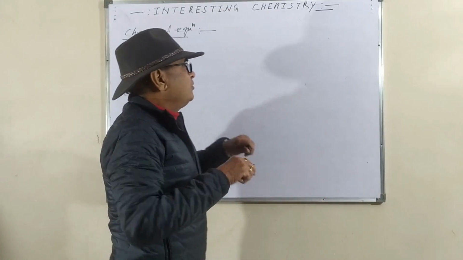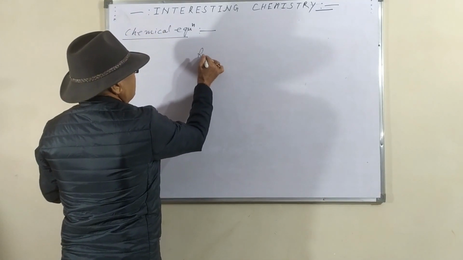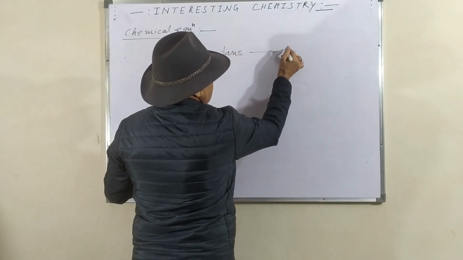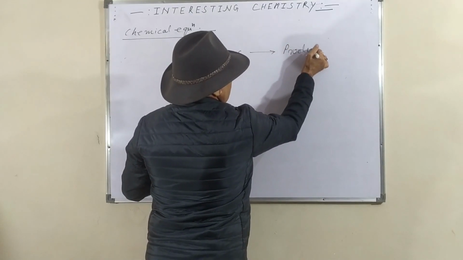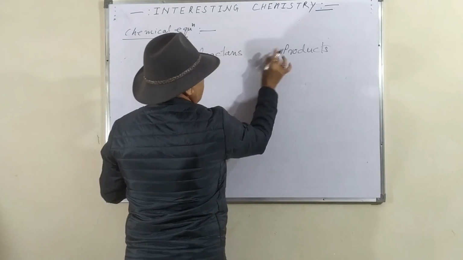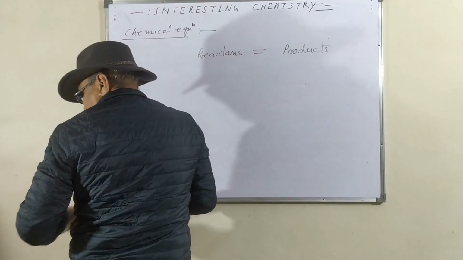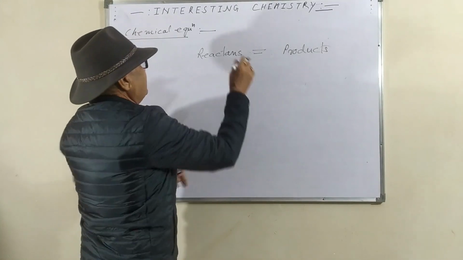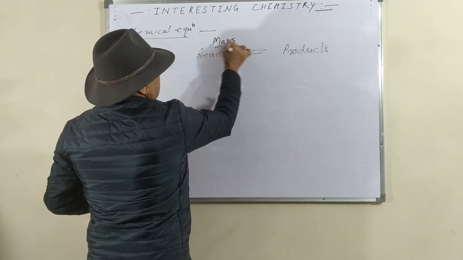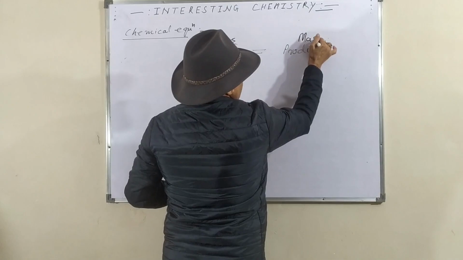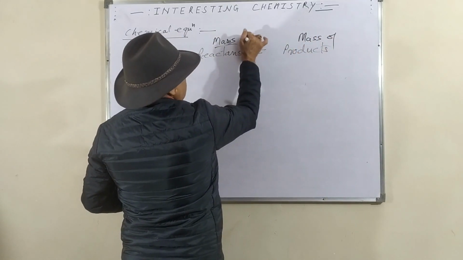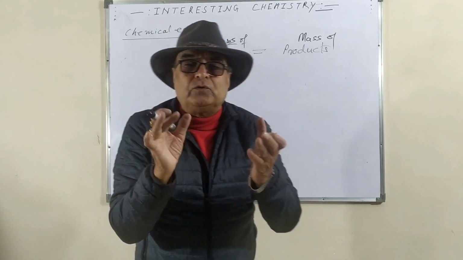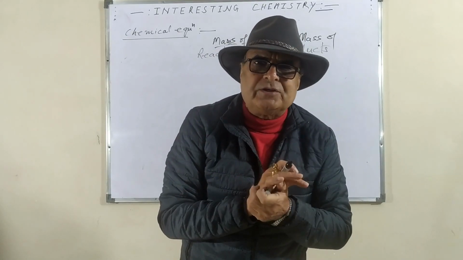So the mass of the reactants will be equal to the mass of the products. See here, you can put the sign of equality. So here reactants equal products in case of mass, according to the law of conservation of mass.